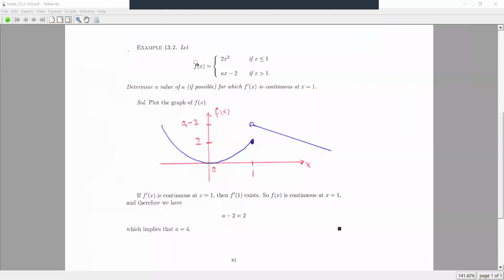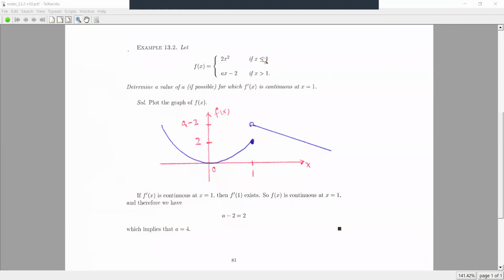Example 2. Let f be this piecewise defined function, where a is some number. Determine a value of a for which the derivative function is continuous at point 1. To answer this question, I roughly, not accurately, plot the graph of function f.